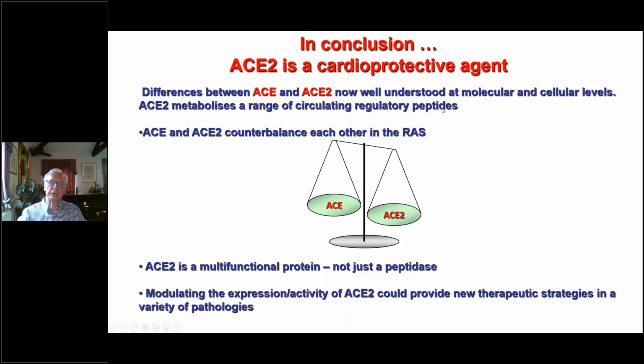ACE2 metabolizes a range of peptides, but a different set from those of ACE. But as again you'll hear shortly, ACE2 is a multifunctional protein, not just a zinc peptidase, and with this variety of activities, modulating its expression or activity could provide new therapeutics.